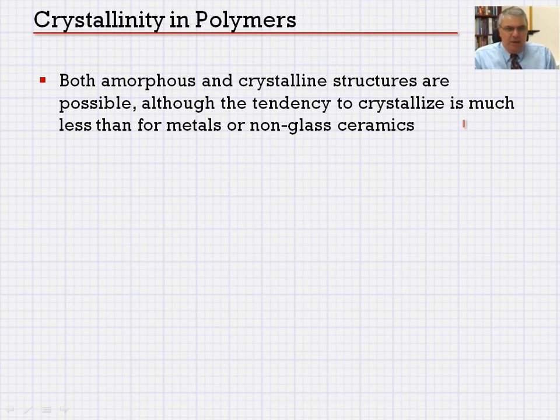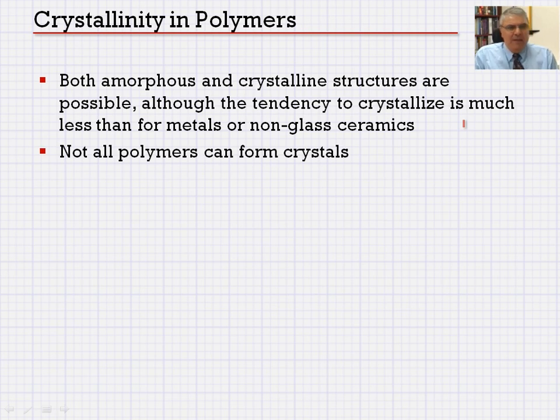Let me tell you a little bit about the crystalline structures that are formed in some kinds of polymers. Both amorphous and crystalline structures are possible. The tendency to crystallize is much less than for metals and non-glass ceramics, but it is higher in the case of polymers.